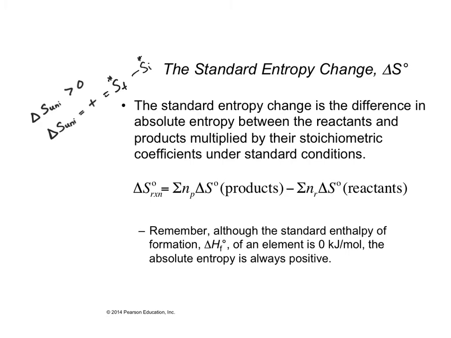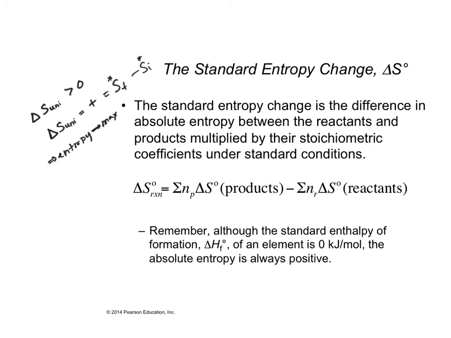We have this positive delta S. Final, right? So what that tells us overall is that the entropy of the universe tends towards a maximum value. And this is different than the first law of thermodynamics, which tells us that the energy content of the universe is constant. The second law gives us this criteria for spontaneity, and tells us the entropy of the universe is tending towards a maximum, okay?